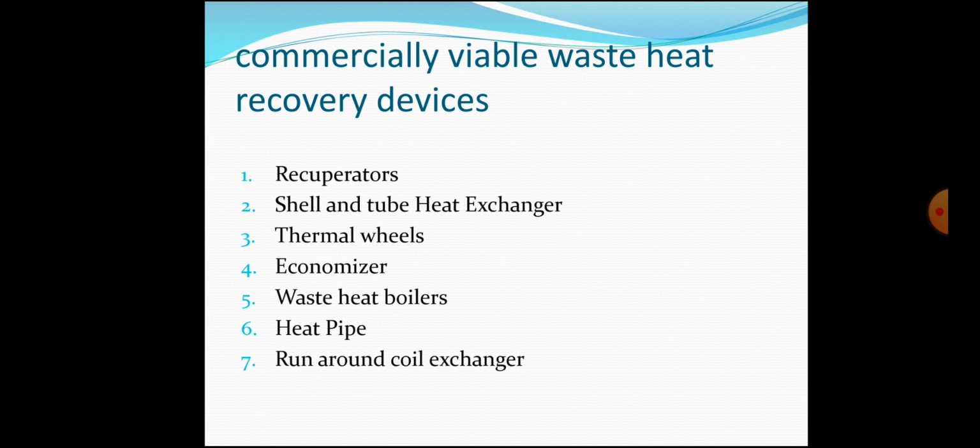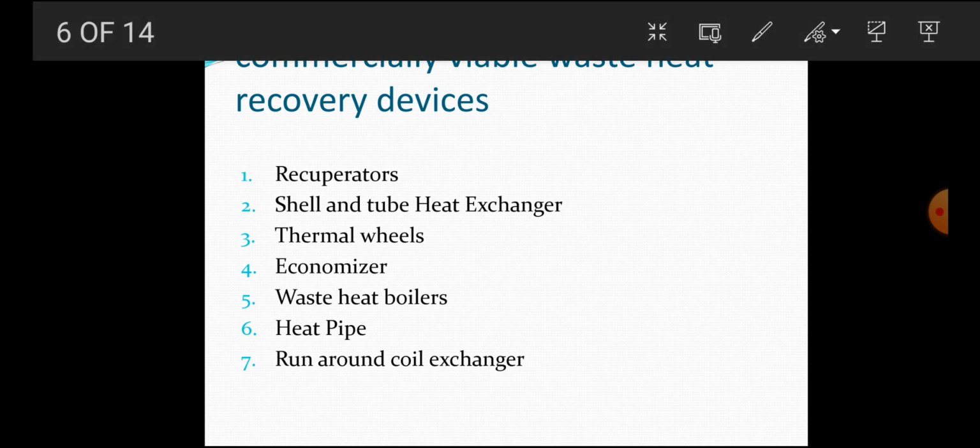Following are the types of waste heat recovery systems which use exhaust gases of ventilation and recover the heat. We'll discuss each and every one, one by one.